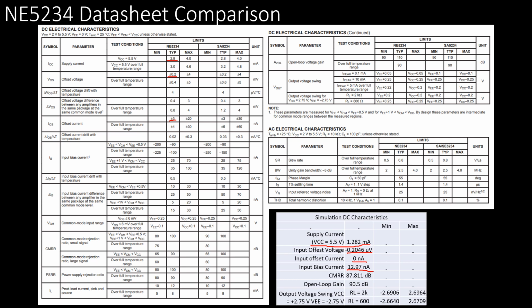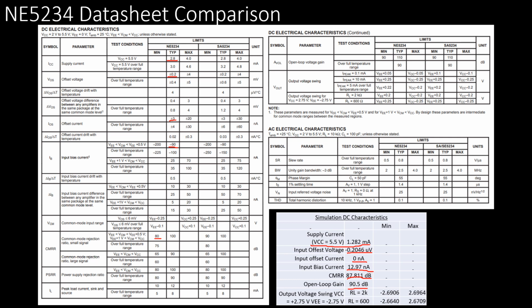As for the datasheet input bias current, this is typically about minus 90 nanoamps. The common mode rejection ratio was measured at 87.811 dB. From the datasheet, this was closer to the minimum value for the NE5234.